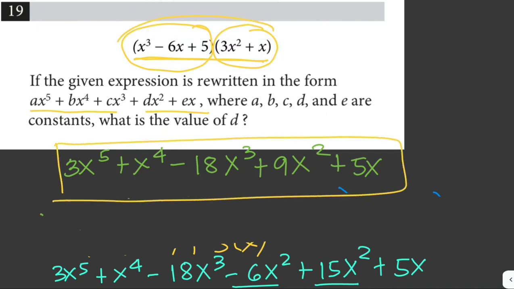We just expanded this by multiplying the trinomial and binomial. So now our equation is in the form of this one. Okay, so we are asked for the value of d. So d here is the coefficient of x squared. Therefore, our d here is just equal to 9.